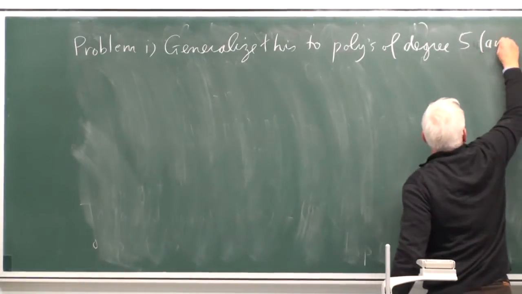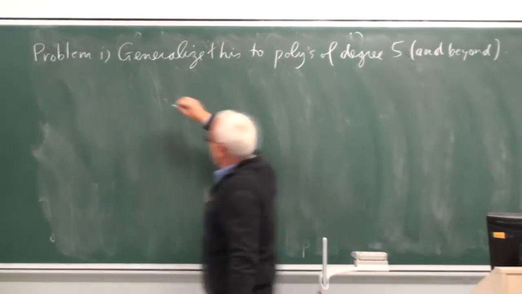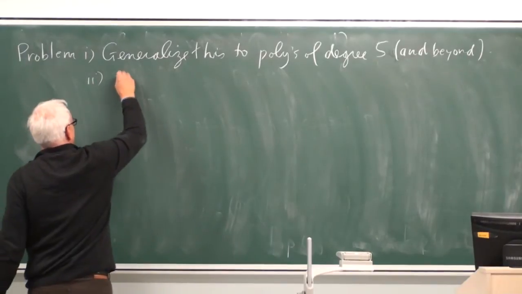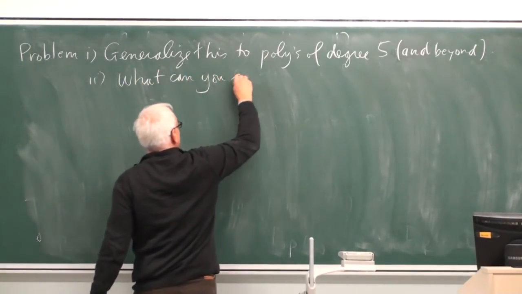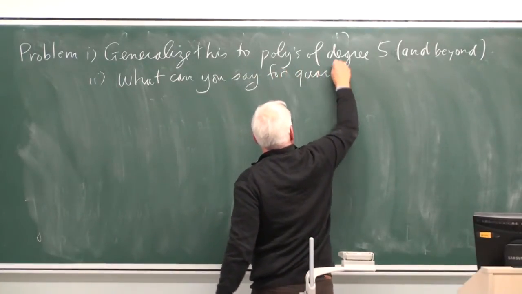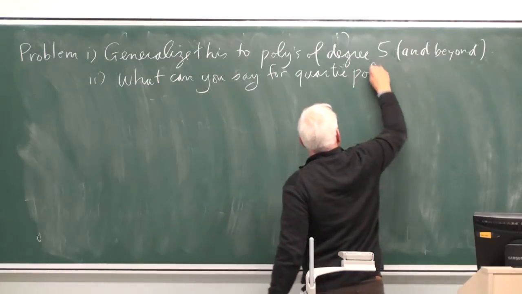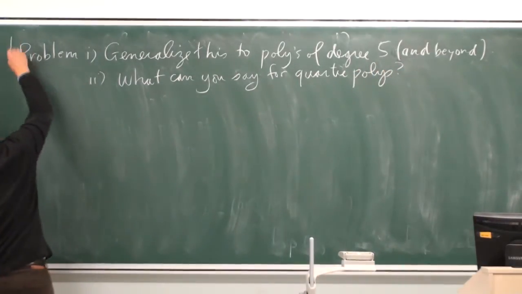Well, and beyond if you want to. And part 2, what happens, or what can you say for quartic polynomials? In other words, polynomials of degree 4.